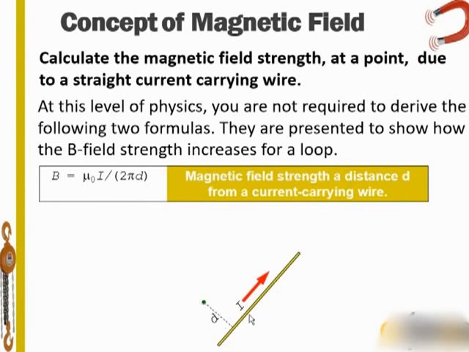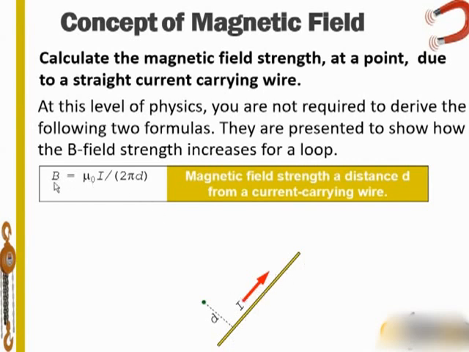So if you have a straight line wire and you want to determine the magnetic field strength at this point here where we have this green dot, and we know that that green dot is a distance d from the current carrying wire, and we know that the current is moving in this direction as illustrated by the red arrow, then we can use this equation.